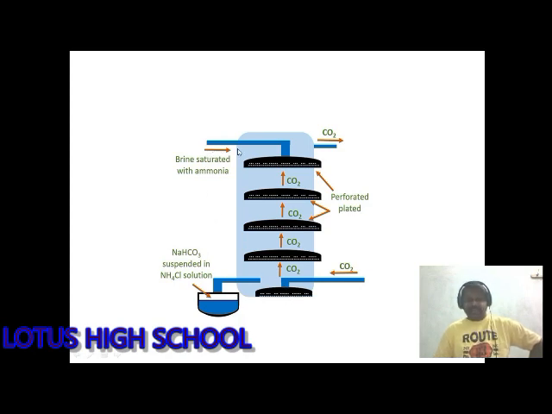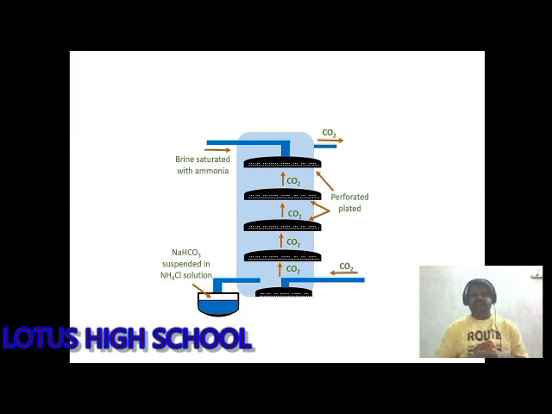Through this upper pipe, we have to send the brine solution which is saturated with ammonia. That means the brine solution is not 100% reacted with the ammonia. The brine solution is just present in the ammonia solution, and both are not reacting with each other.